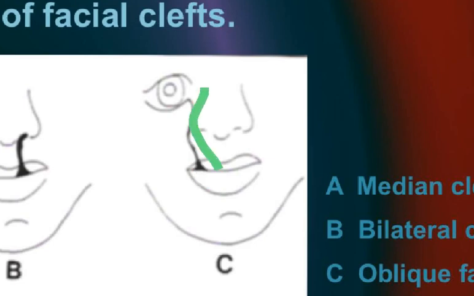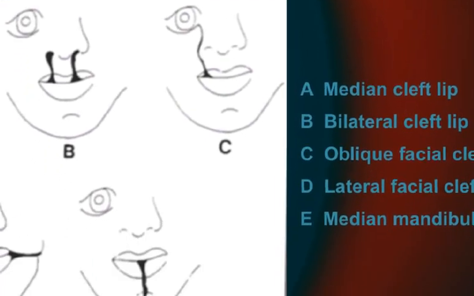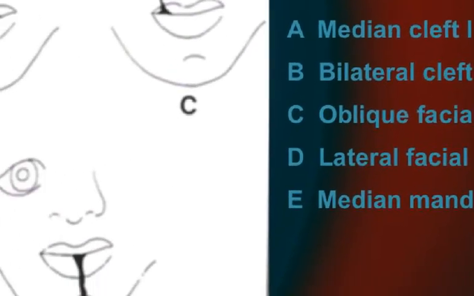So both of these grooves failed to disappear. They remain. It's called oblique facial cleft.